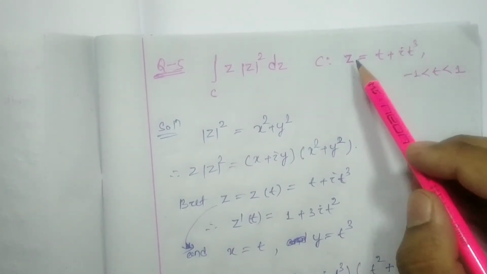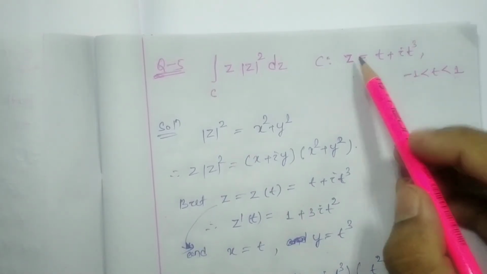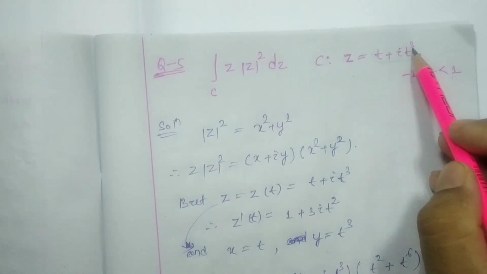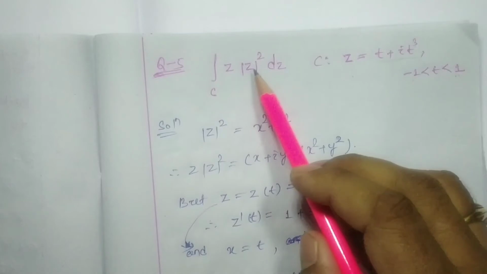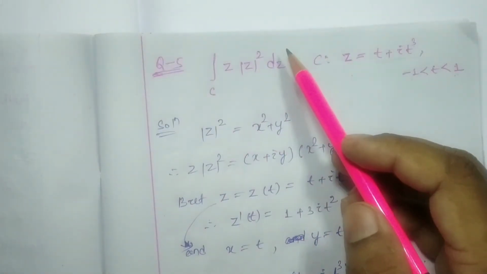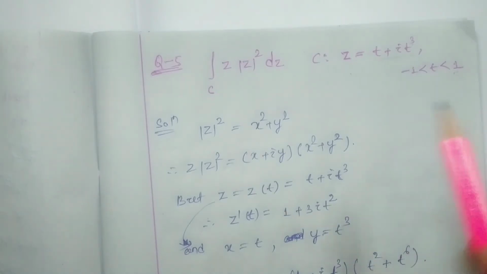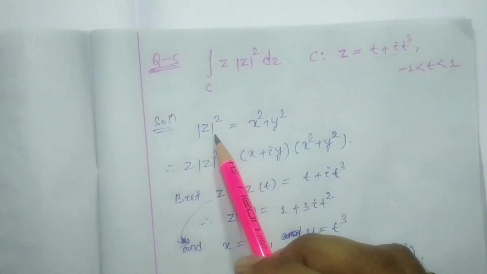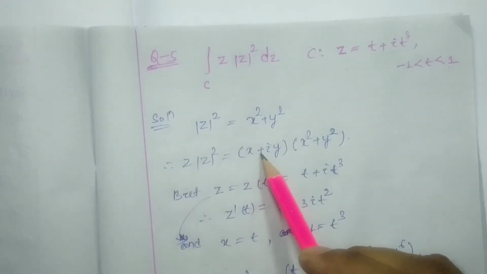When t varies from minus 1 to 1, z varies with the help of this equation t plus i t cube. So this z has to be transformed into a function of t, then we have to do the integration. Here if we consider z mod, this will be x square plus y square, and z is nothing but x plus iy.